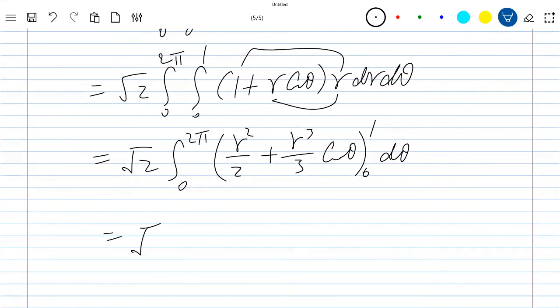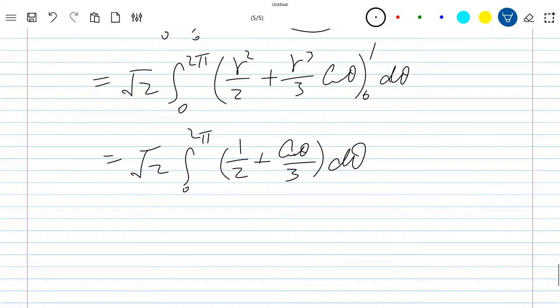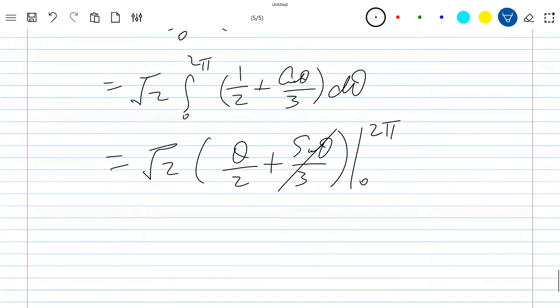So if you plug in r equals 1, you get 1/2 plus 1/3 cosine theta. Alright, then cosine theta gives you sine theta, and 1/2 gives you theta from 0 to 2 pi. And once again, this guy is gone, so you just get square root 2 times pi.